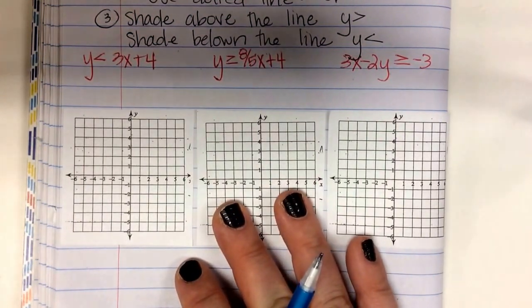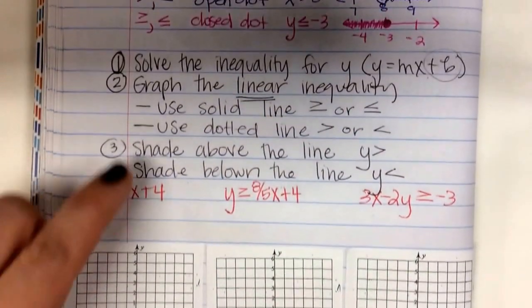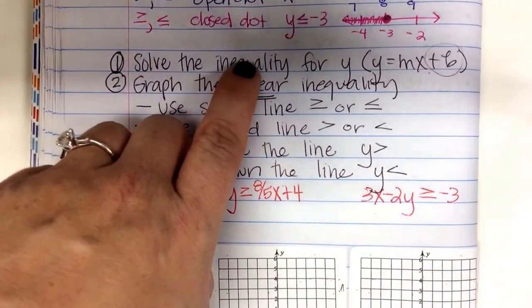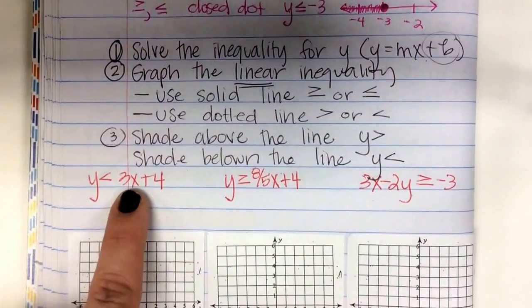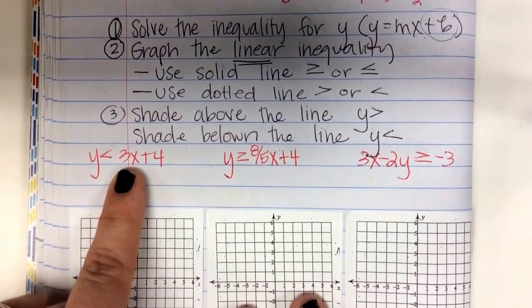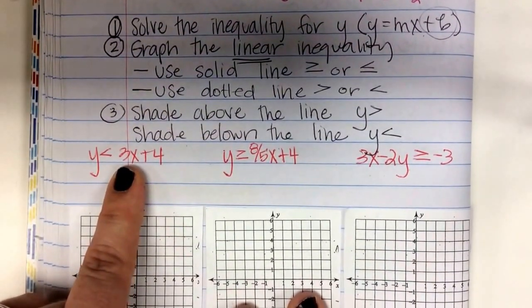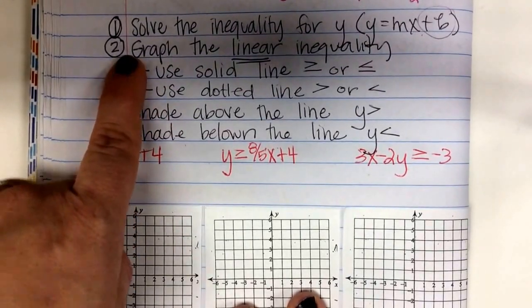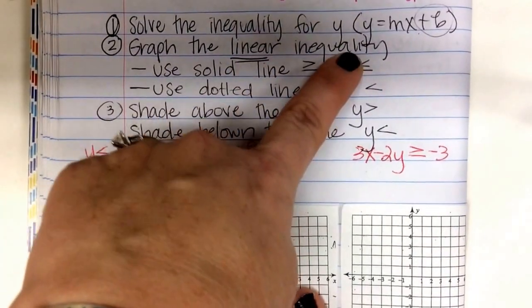So if you go back and look at your rules, the first rule is to solve the inequality for y. So if I look at this one, is it solved for y? Is y alone? Yes, so I don't have to do that. Now I just move on to step 2, which is graph the linear inequality.